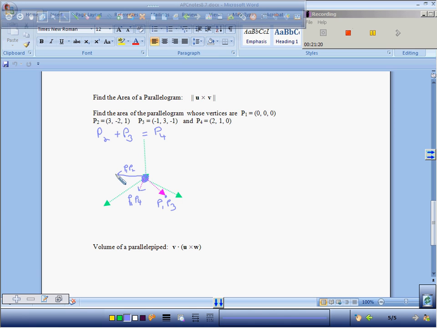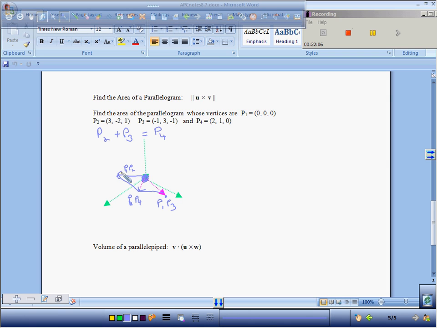So the vector going from here to here and here to here are adjacent sides of a parallelogram, and this vector here, even though it doesn't look like it, is a diagonal of that parallelogram. So this parallelogram might look something like this, okay?